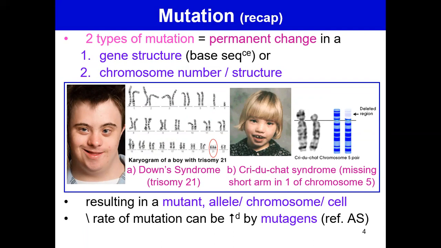When you say mutation of the gene, that means there's a change in the base sequence in the gene. When you talk about mutation in the chromosome, it's either a change in the number of chromosomes or a change in the structure of the chromosome, whether the structure becomes longer or shorter. So this is called mutation. When a cell has a mutated gene, it's called a mutated cell, and then the organism is called a mutated organism.